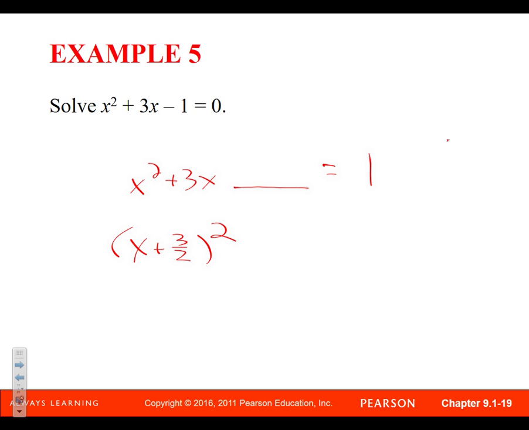Now, here's the problem, David. I've broken the math right now. Let me tell you why. If I were to expand this red binomial here, I would get x squared plus 3x plus 9/4, if I were to multiply it out.